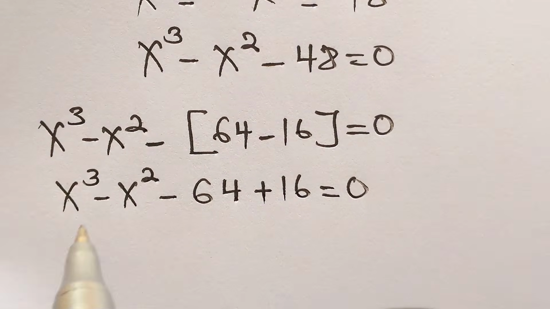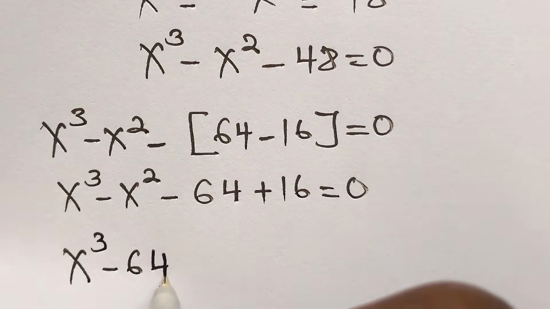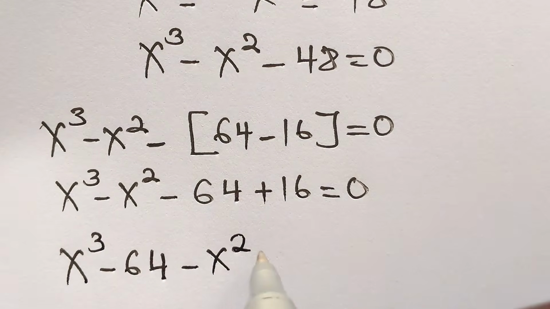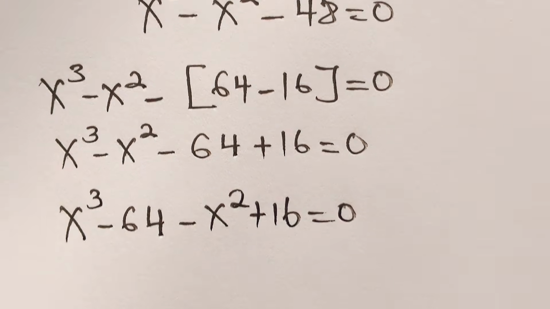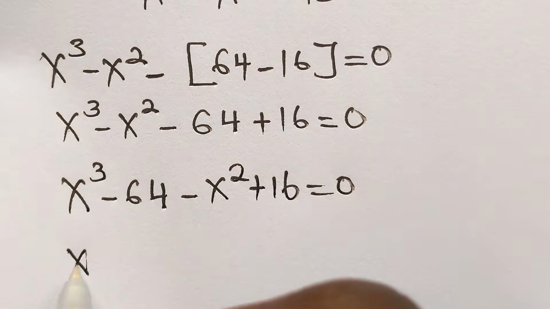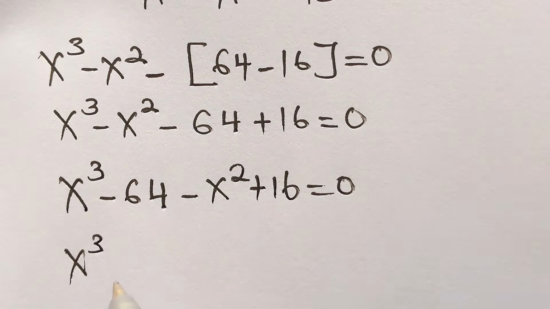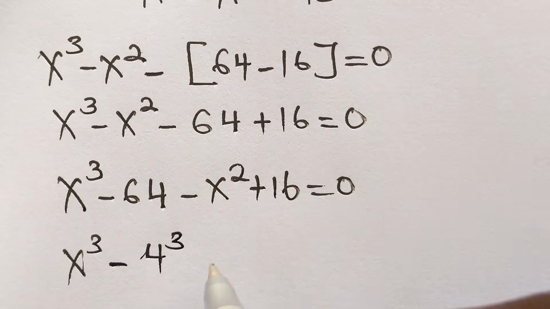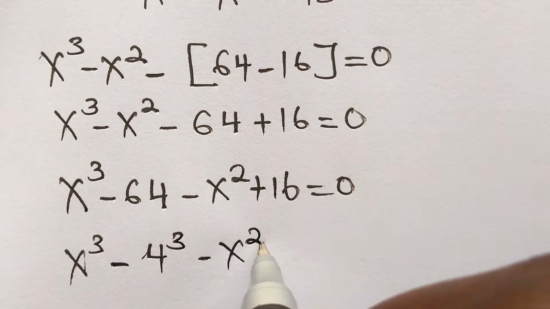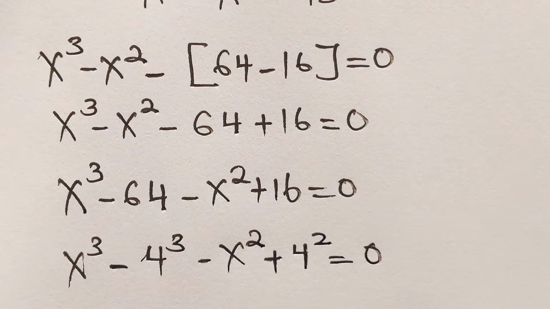We can group like terms to get x power 3 minus 64 minus x squared plus 16 equals 0. Then x power 3, and we change 64 into base 4 to get minus 4 power 3, minus x squared minus 4 squared, which is equal to 0.